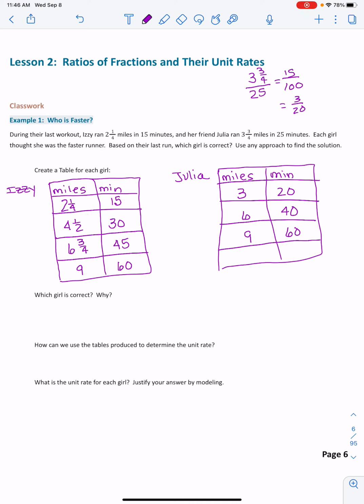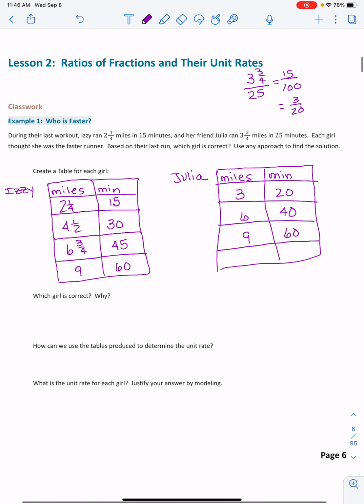So at this point, Izzy ran 9 miles in 1 hour. And Julia ran 9 miles in 1 hour. So now it says, which girl is correct?